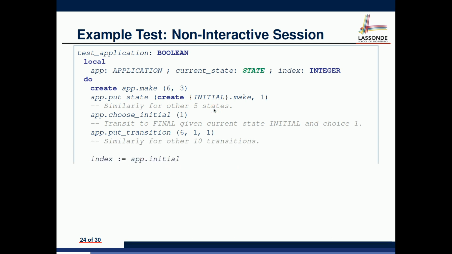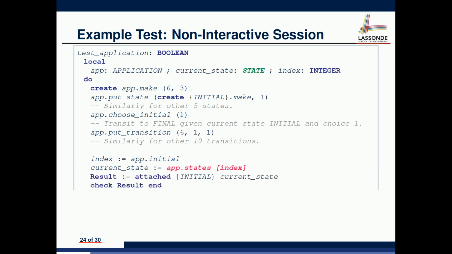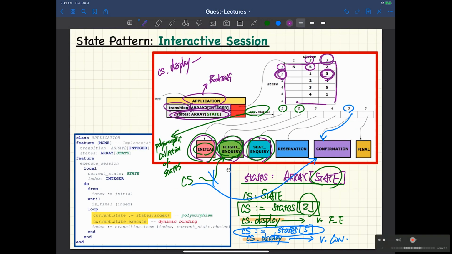And then over here, you say the index, which is about the index for accessing the state array. It will initially just be the initial state. And the current state, you can see over here, is assigned to certain elements in the states array, exactly like how we did here.